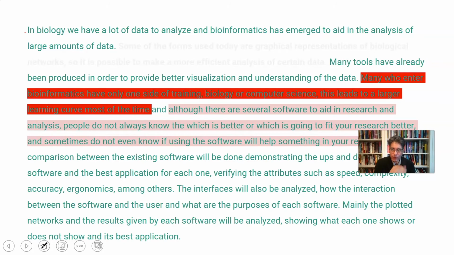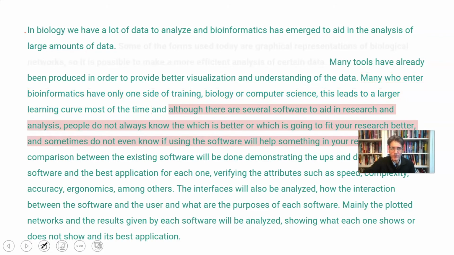And another point here right above it, however, I would also say could be a kind of misleading signal to a reader, which is this here. Many who enter bioinformatics have only one side of training, biology or computer science, and this leads to a larger learning curve.